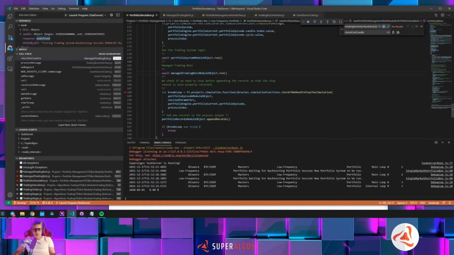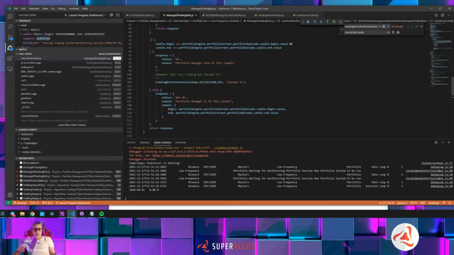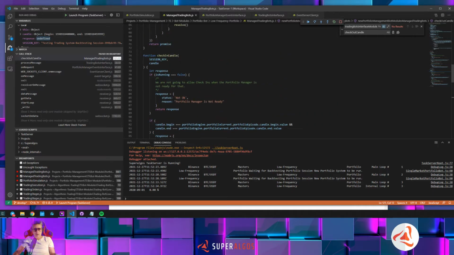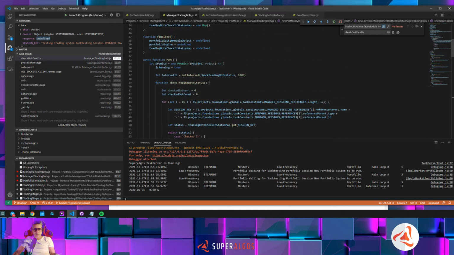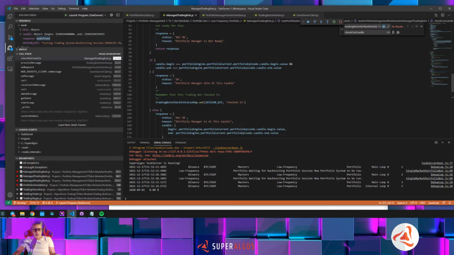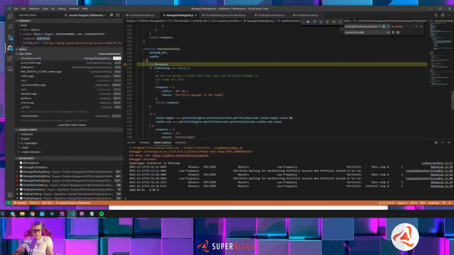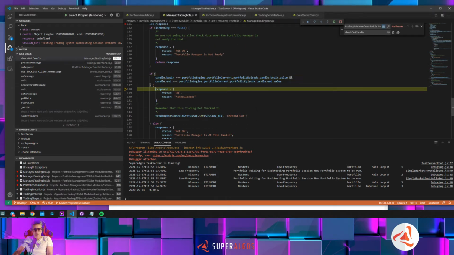It is just a message of the checkout. So we are at the managed trading. And now I want to stop here. So let's see. The checkout is running, no. Are we at the same time? Yes.